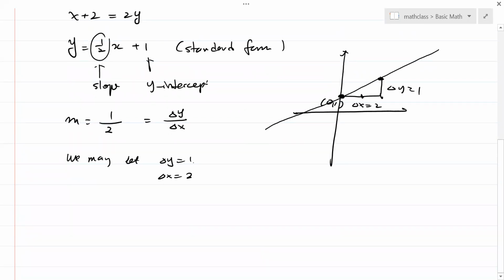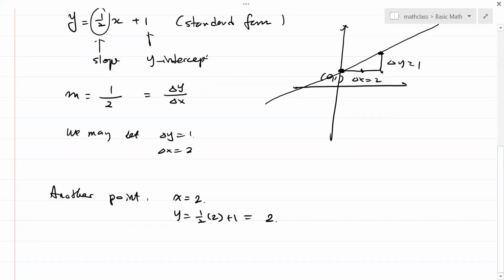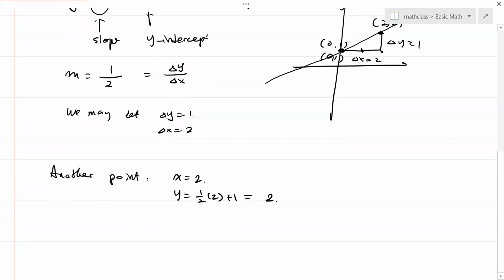You let x be 2, then y is 1/2 times 2 plus 1, which is 2. Okay, you can find another point to sketch the graph. So another point will be the point with coordinates (2, 2). So actually this is (2, 2), and this is (0, 1). Then you draw the line, okay, passing through those 2 points.